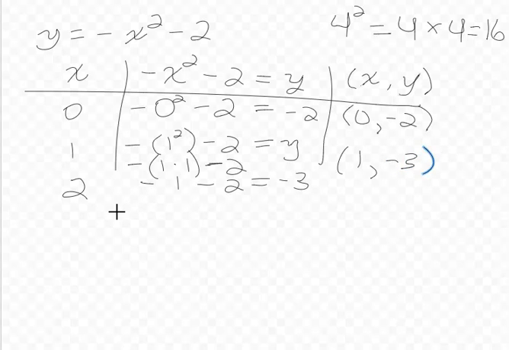Now let's go to 2. If x is equal to 2, then I have negative 2 squared minus 2. That's equal to y. All right. 2 squared is 2 times 2. That's equal to 4.